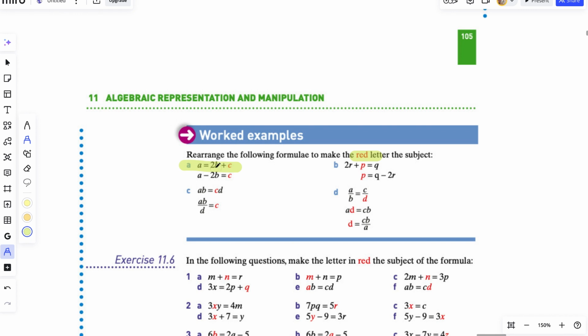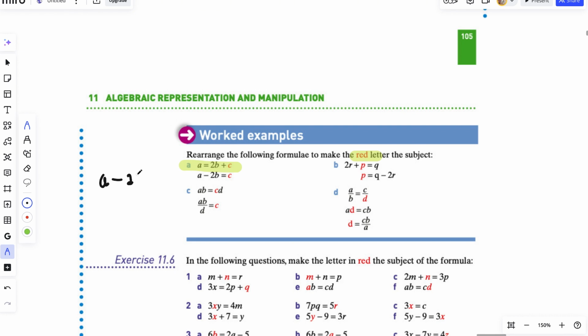When 2b moves to go and join A, it will cross the equality sign. When it crosses this equality sign, it will become minus. So what we're going to have eventually will be A minus 2b equal to C. We write the A that we already have. If you move the 2b to the left, it's going to be minus. It was plus before, but it's going to be minus 2b.